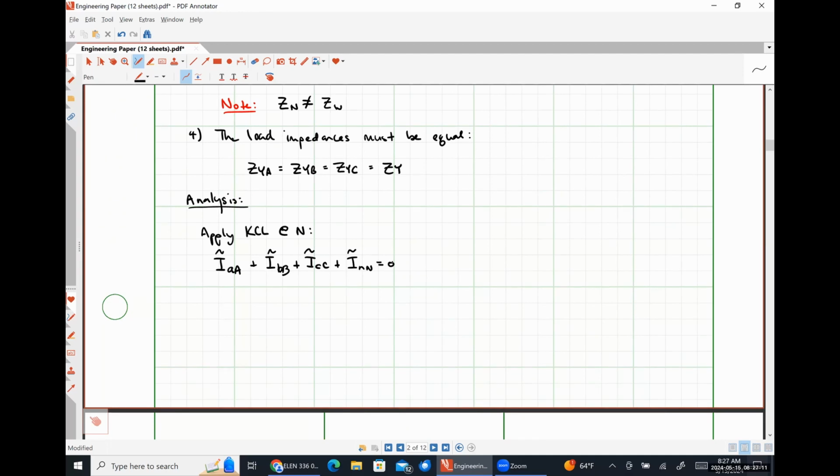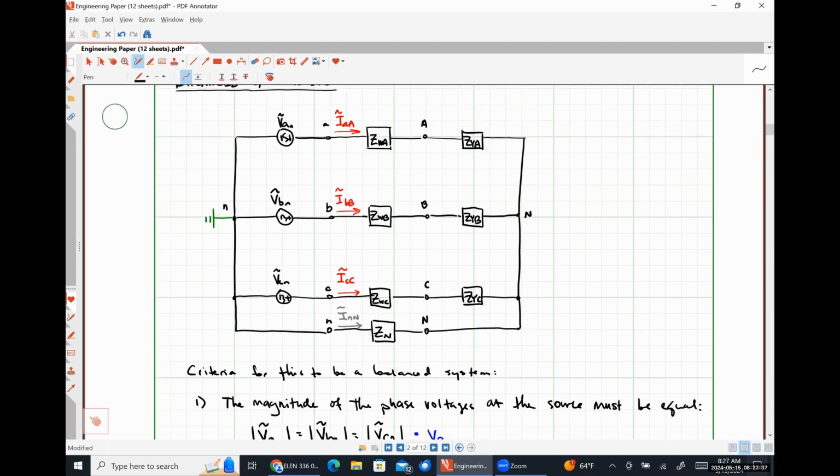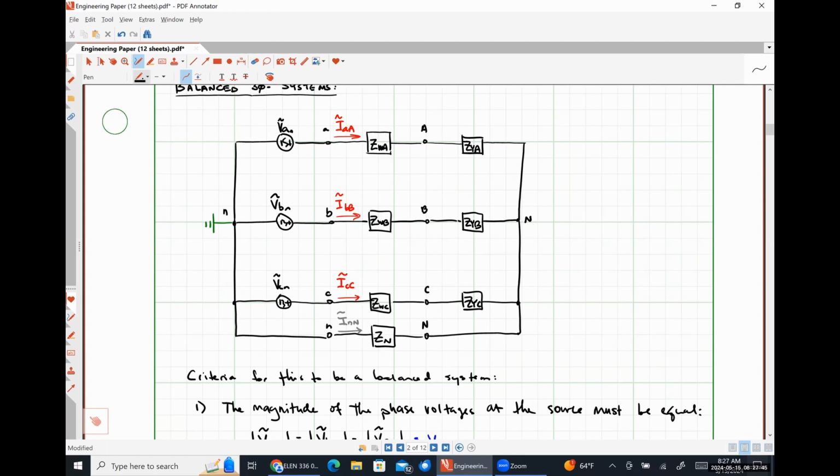Now what I'm going to do is apply Ohm's law in order to express these currents in terms of voltages in our system. So I'm going to draw a little KVL loop here. I'm going to draw this one in gray as well.